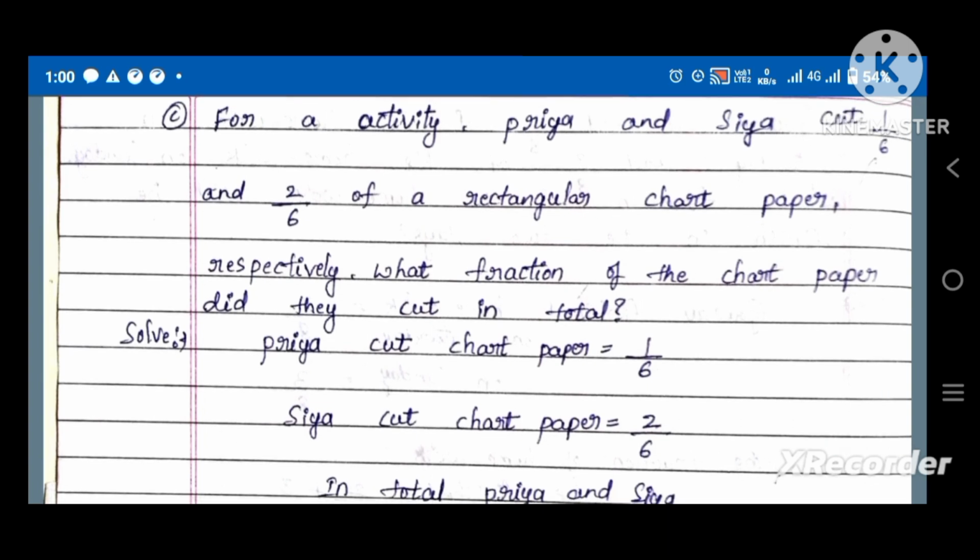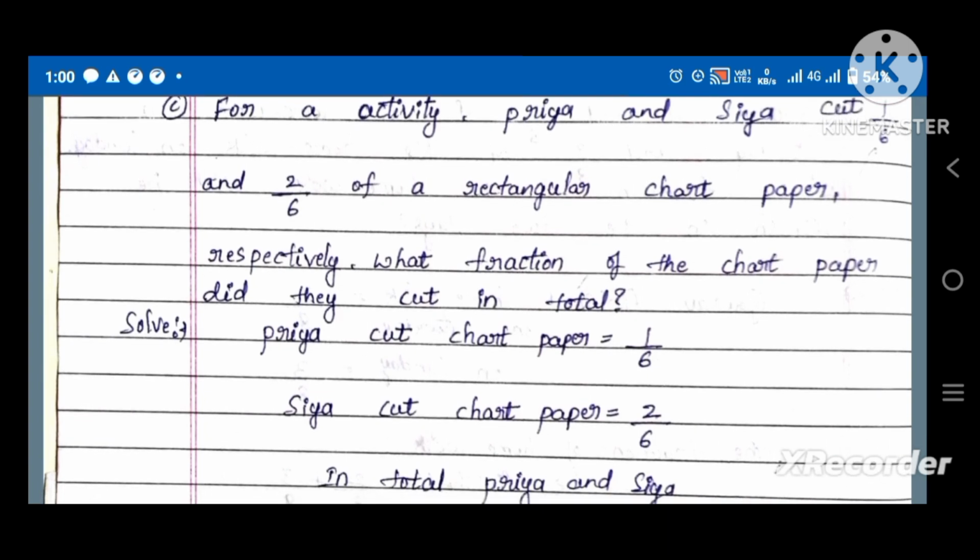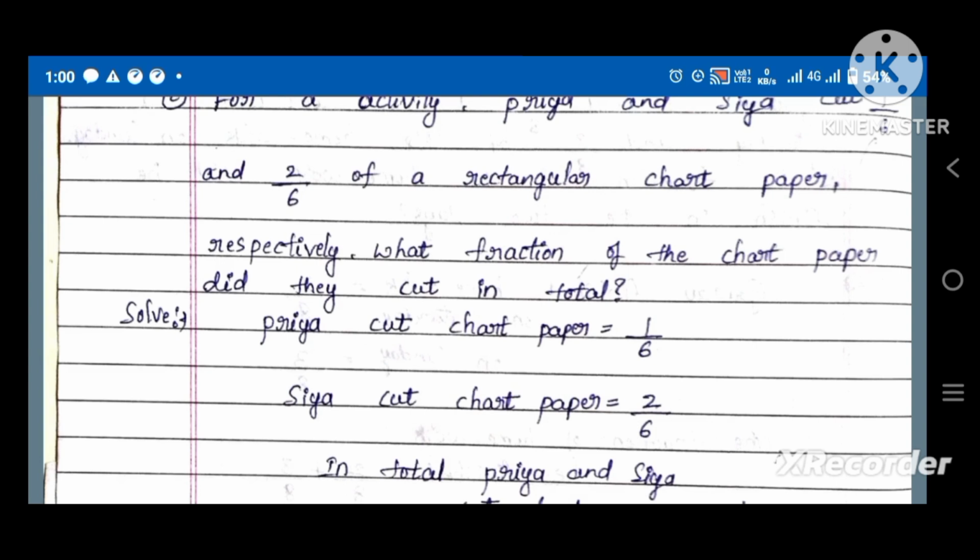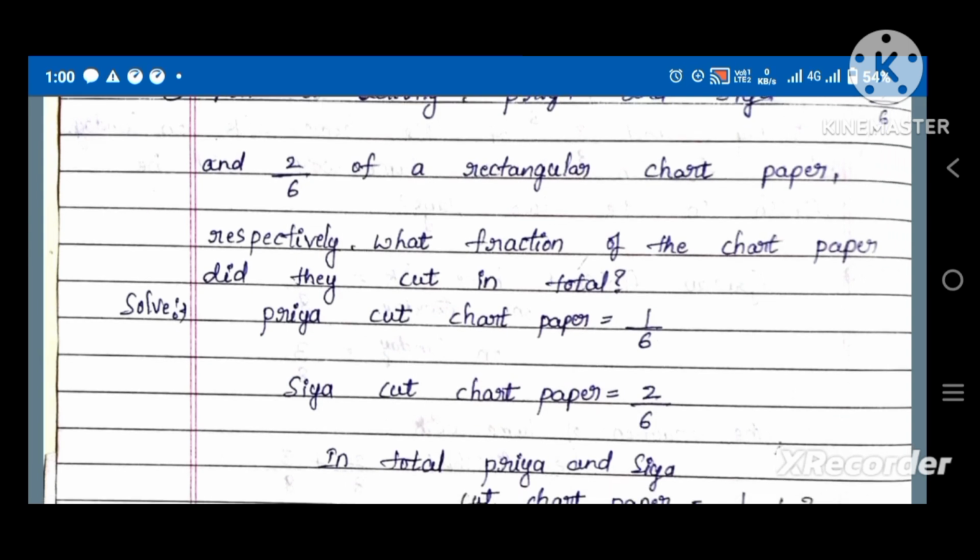Solve. Priya cut chart paper is equal to 1 by 6. Sia cut chart paper is equal to 2 by 6.